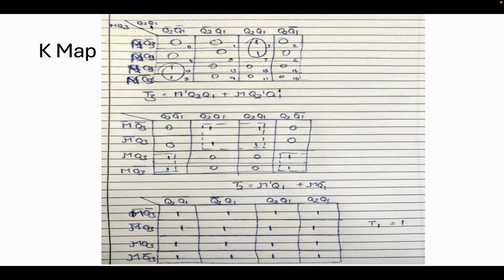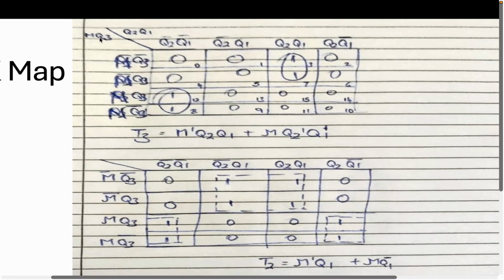We have Q2 and Q1 here, and M and Q3 here. So this is Q2 bar Q1 bar, Q2 bar Q1, Q2 Q1, Q2 Q1 bar. Here you have M bar Q3 bar, M bar Q3, M Q3, and M Q3 bar.